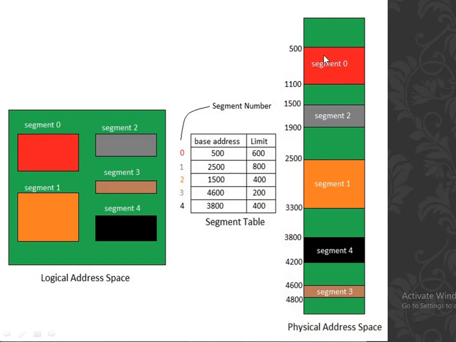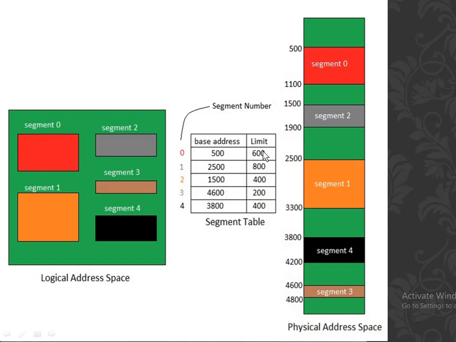You can easily identify it, right? In a similar way, for segment 1 the base address is 2500. Say for example my D value is 400.